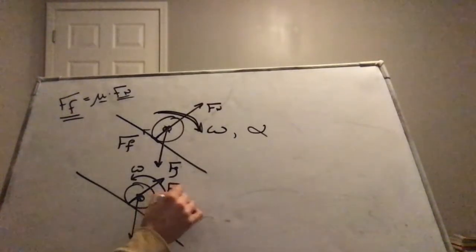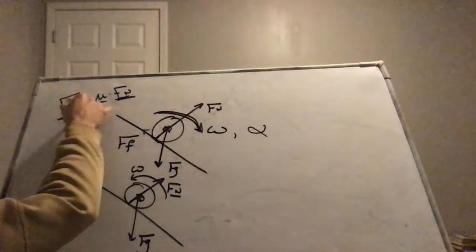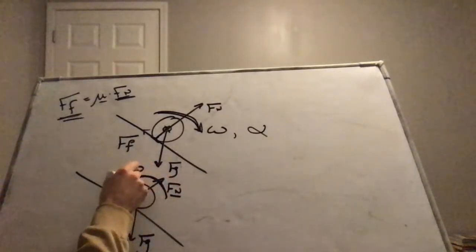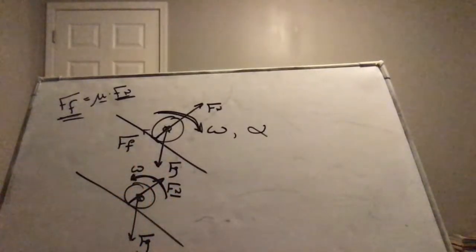I know there's friction because there's a normal force. If there's a normal force, there must be a friction force. You have to ask yourself which direction it is accelerating in. It's rolling up the hill, but is it speeding up or slowing down?